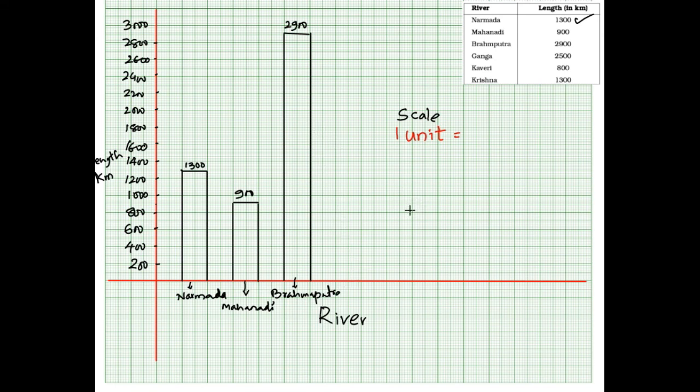Next we have got 2500. It is exactly between 2400 and 2600. It is exactly center. That is river Ganga. Not this. It is between 2400 and 2500.